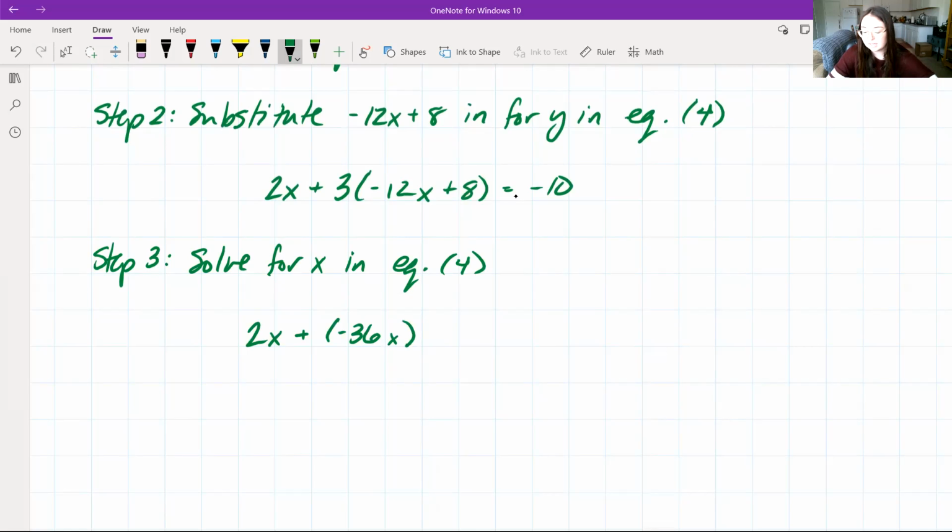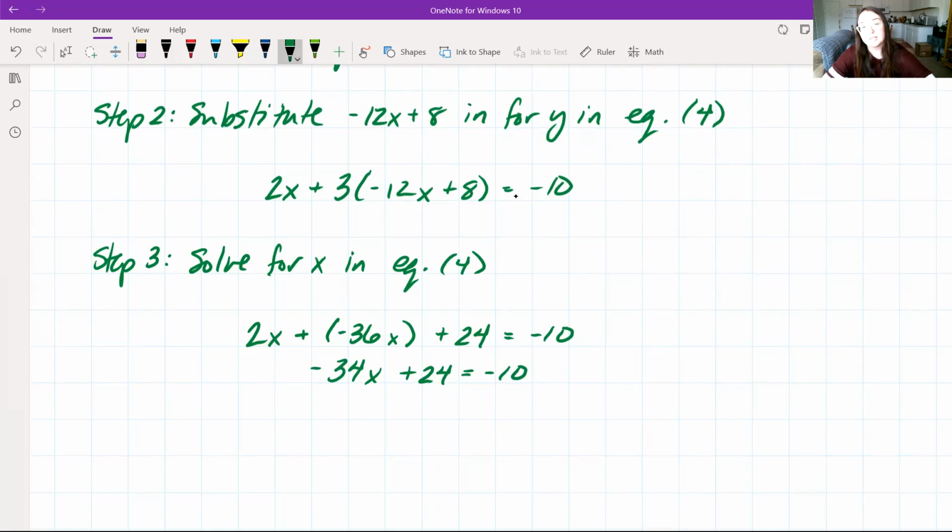And 3 times 8 is going to be 24. So we have 2x plus -36x plus 24 is equal to -10. Combining our like terms, 2 plus -36 is going to be -34x plus 24 is equal to -10.